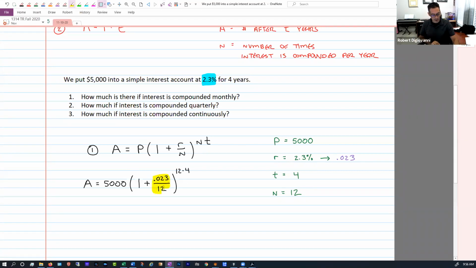I'm just going to figure out what that is, and I'm just going to rewrite everything. So this is 5,000. 1 plus, okay, I get on my calculator, I do 0.023 divided by 12.